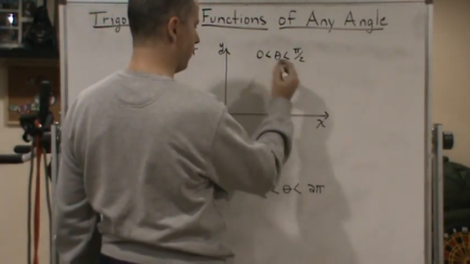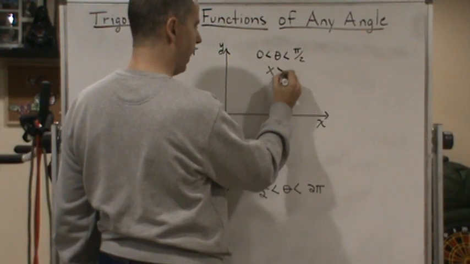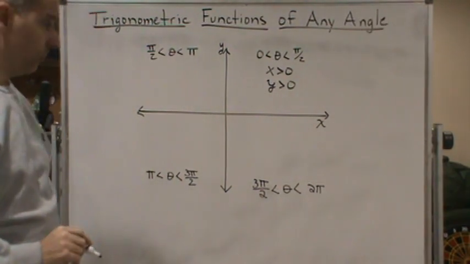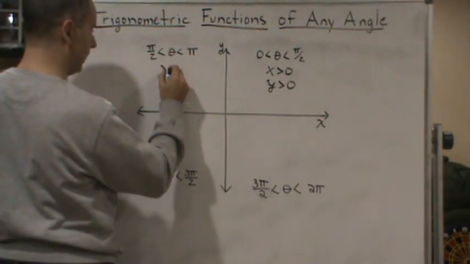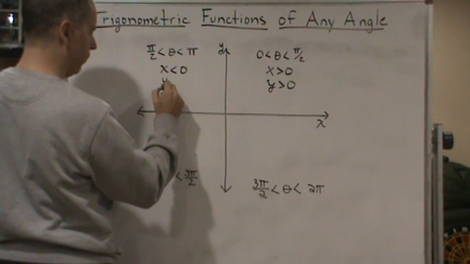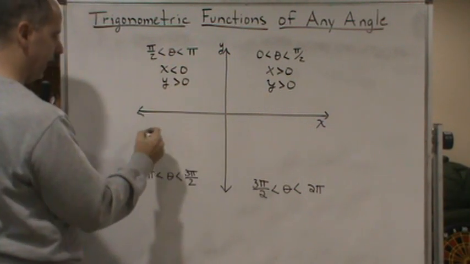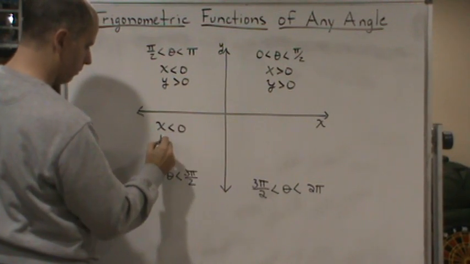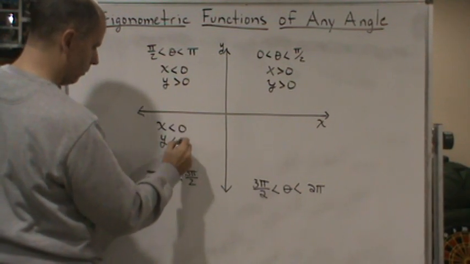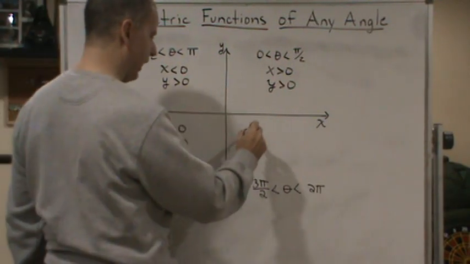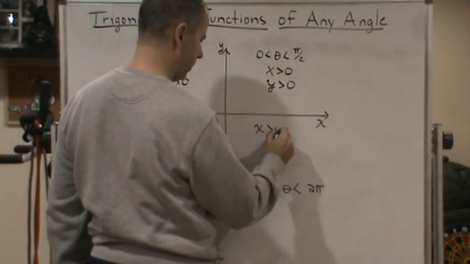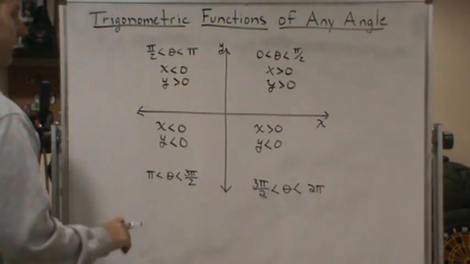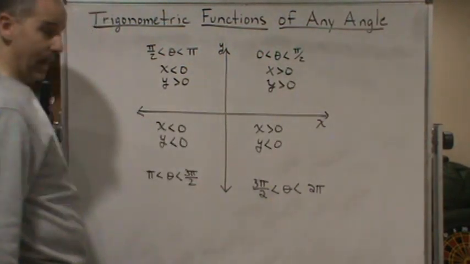In the first quadrant, x and y are both positive.